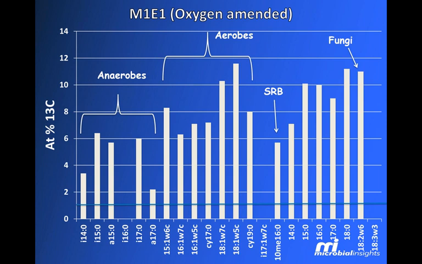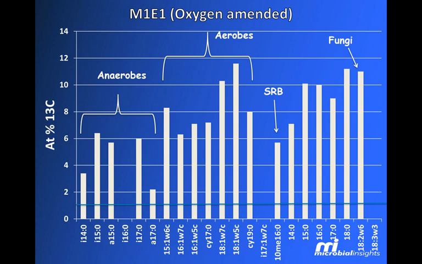Now what I wanted to show you though was this. Remember I said you can find information on the MI website relating some of these different structural classes of fatty acids to different kinds of microorganisms. For example, the first group that you see here are very typical of anaerobes. The second group here you see are very typical of aerobes.